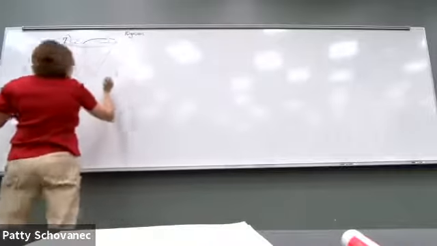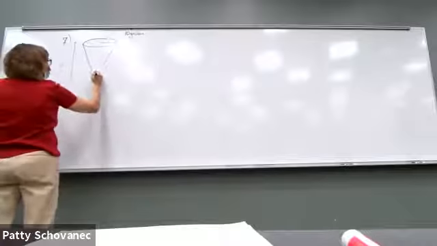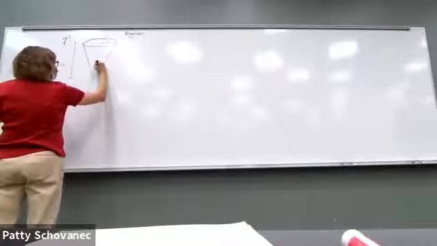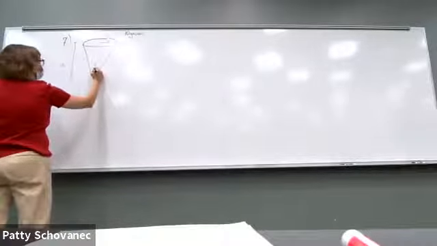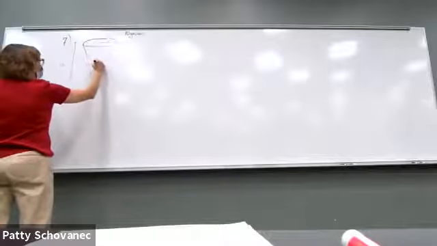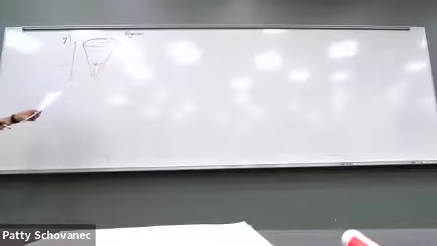Find the rate at which the water level is rising. So let's put this as the water level. We'll call it Y. Find the rate at which the water level is rising when it is 3 feet deep.